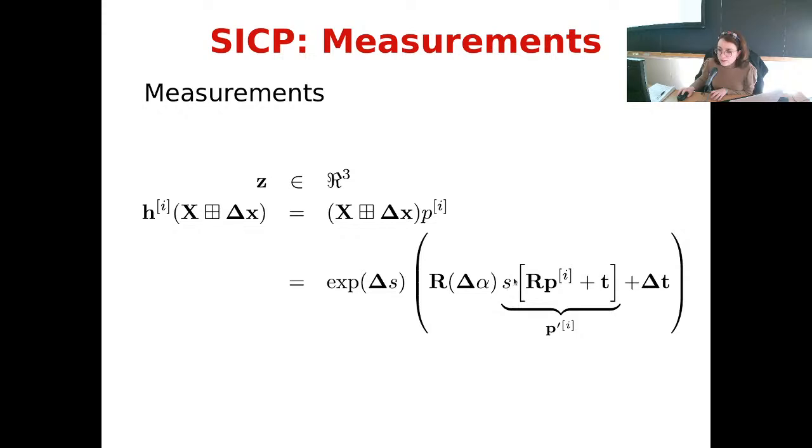Applying the similarity x means rotating pi by R, translating by t, and then scaling by s.